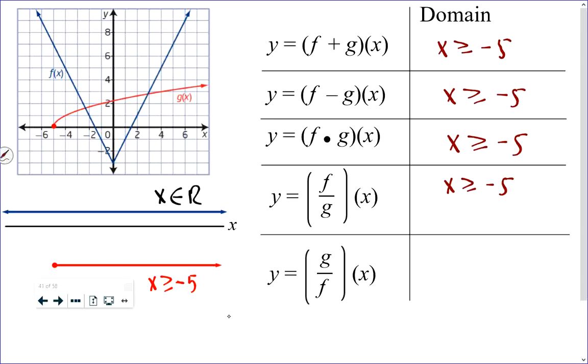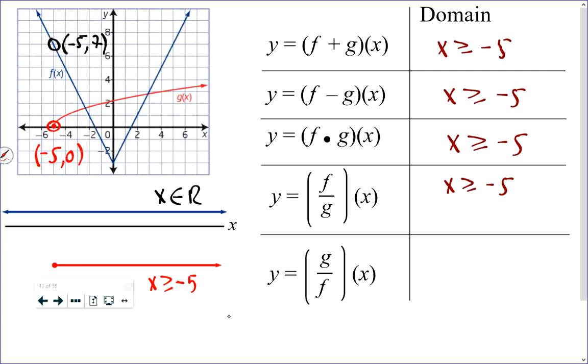Give some serious thought right now to the coordinates of this point and to the coordinates of this point. Specifically the y-coordinates. The y-coordinate up here, this is at negative 5, comma 7. The y-coordinate down here, well, this is at negative 5, comma 0.